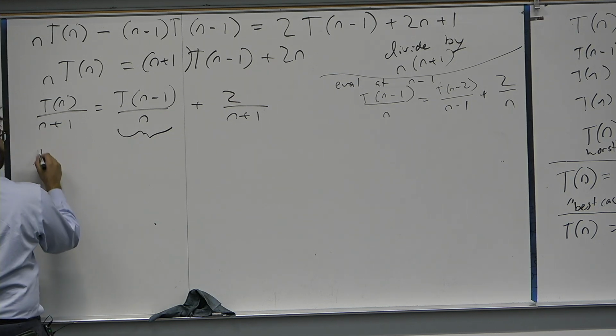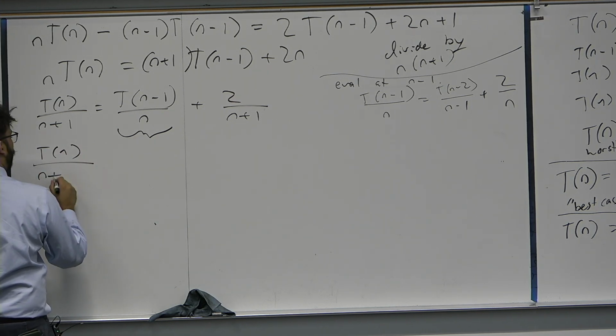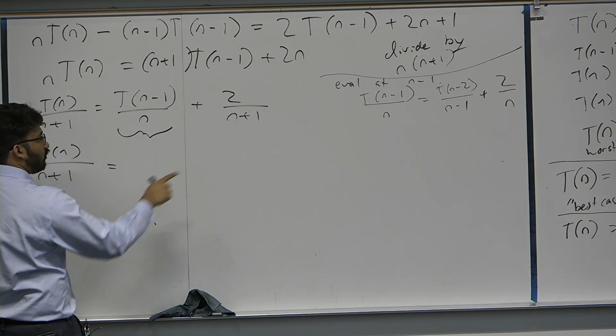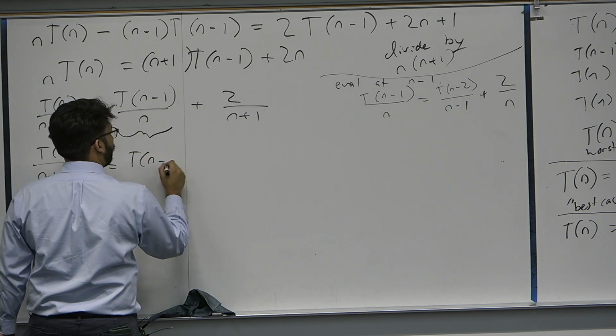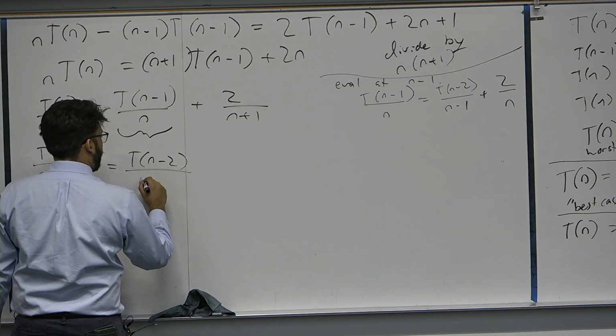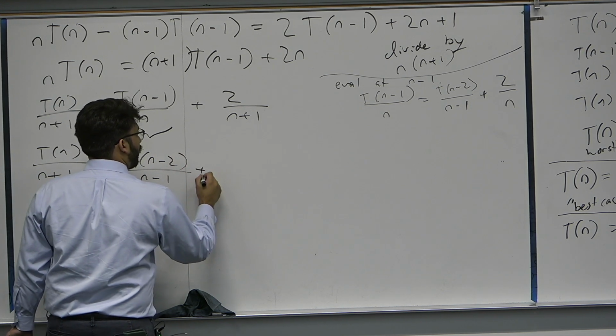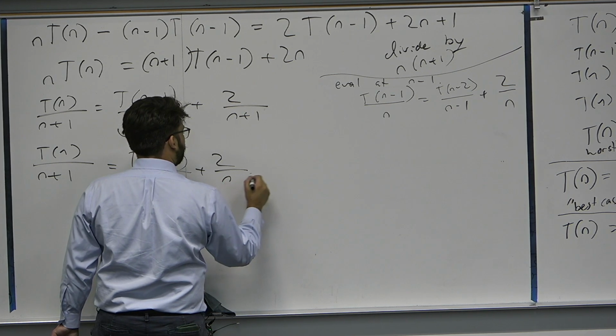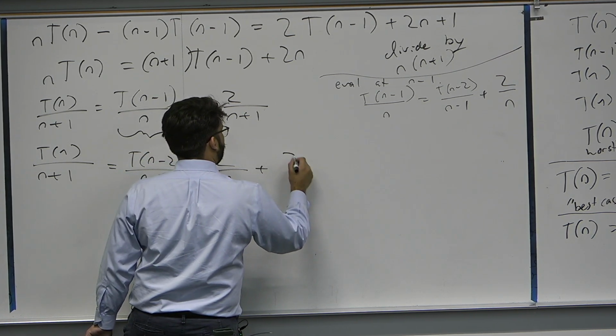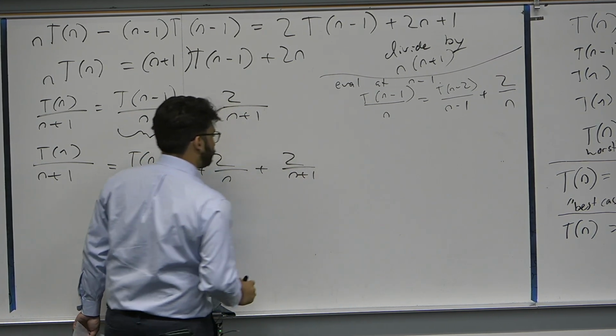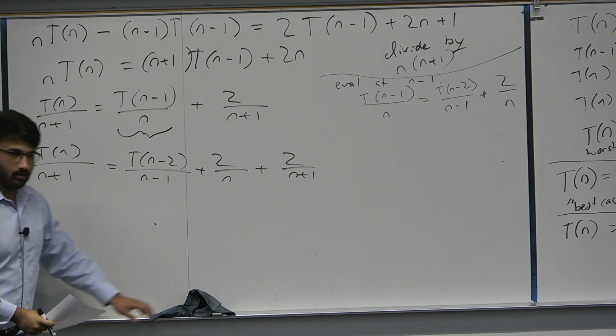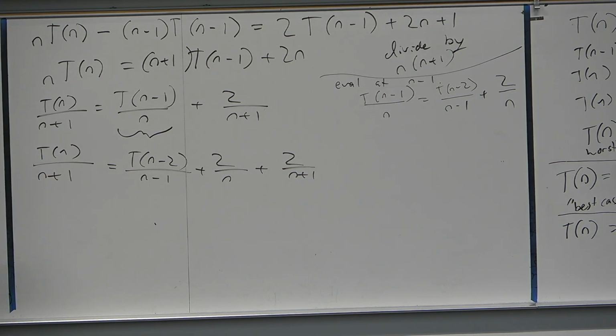So we're going to get T of n over n plus 1 is equal to T of n minus 2 over n minus 1 plus 2 over n plus 2 over n plus 1. Right? Now, suppose I did it a second time. I go from T of n minus 2 to T of n minus 3. What are we going to get?